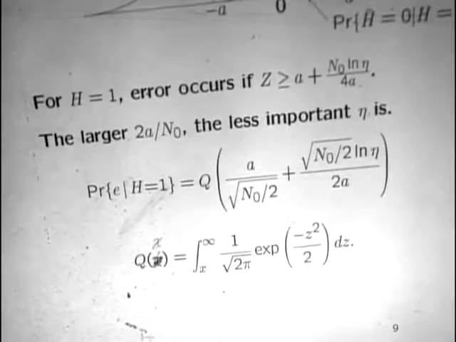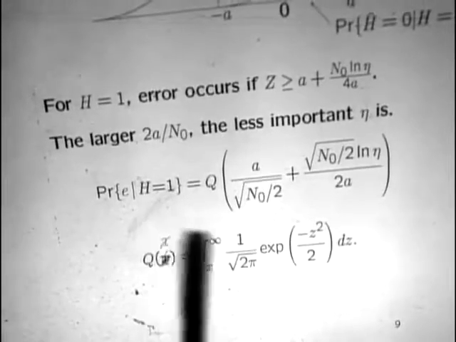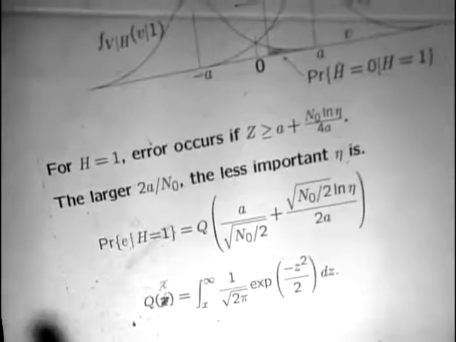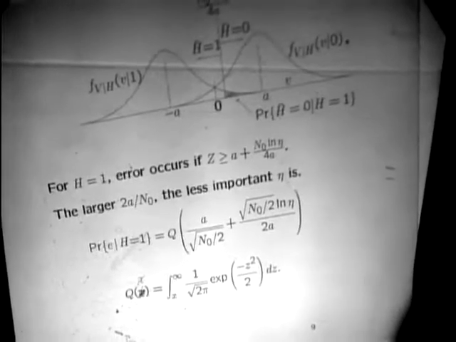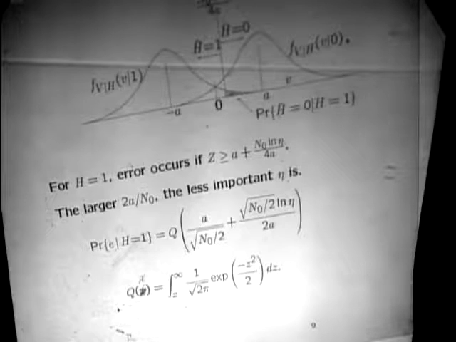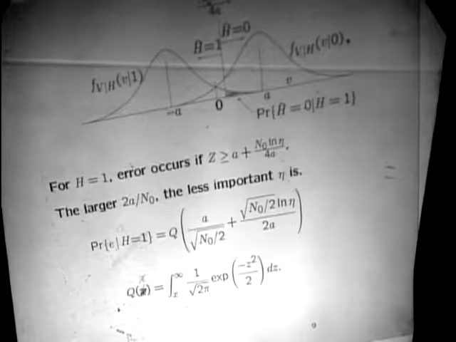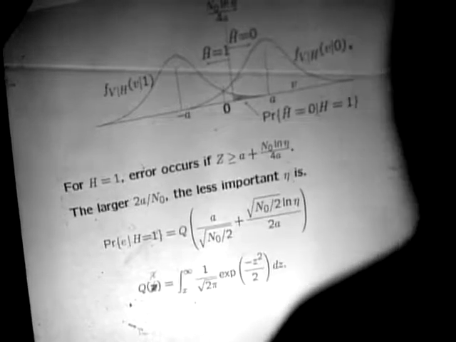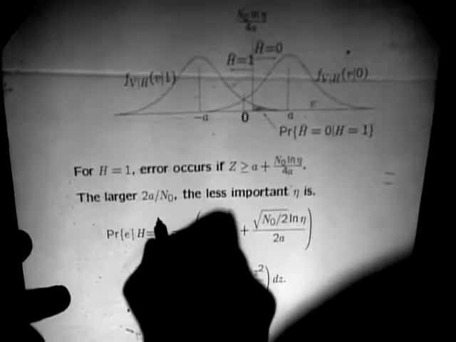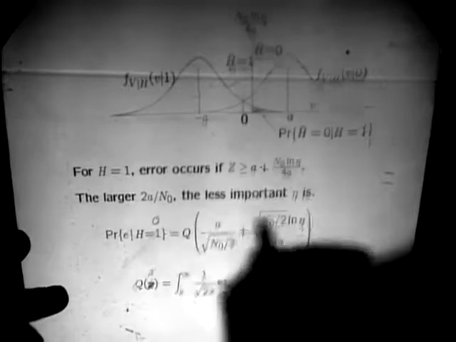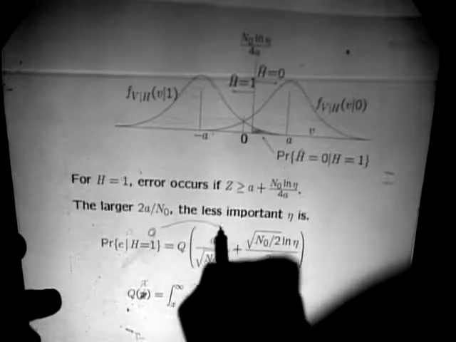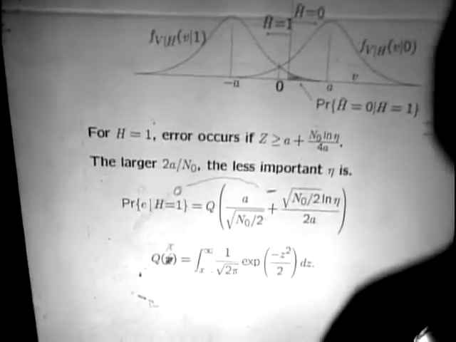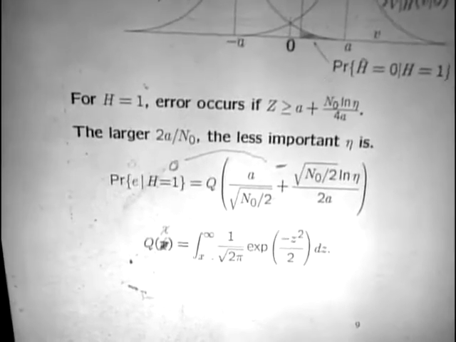And the probability of error when h is equal to 1 is this probability, which looks like it's the tail on the negative side, but if you think about it a little bit, since the Gaussian curve is symmetric, you can also look at it as a Q function, where this corresponds to changing this plus to a minus here, and that's the only change.